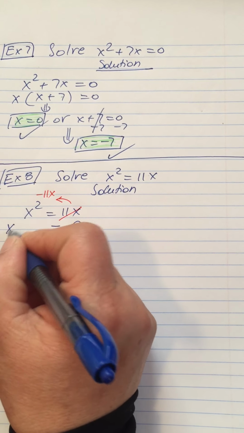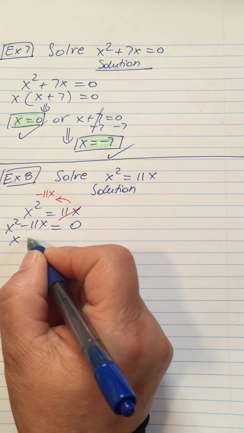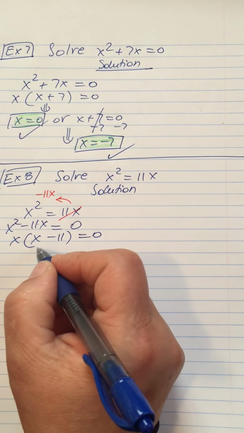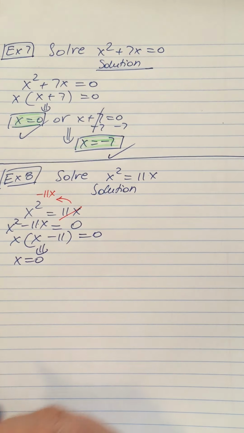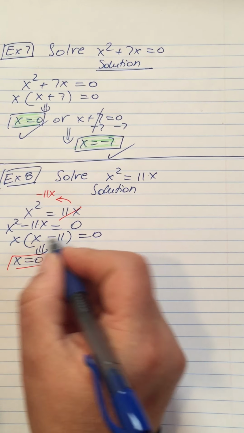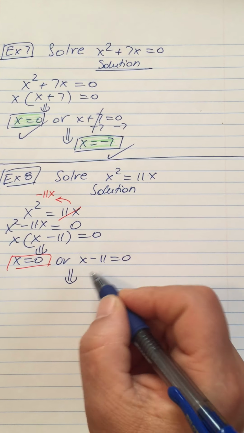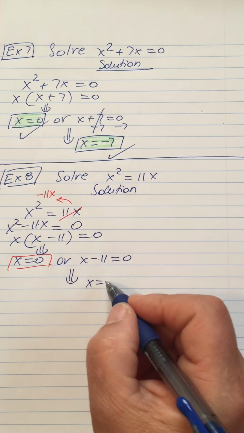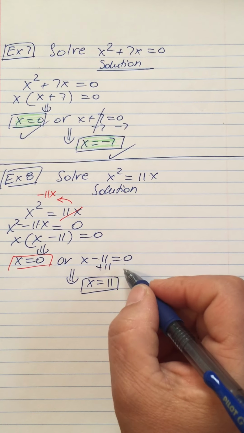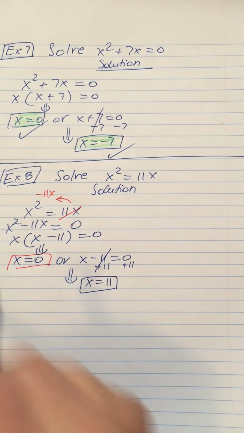And here I have x squared minus 11x. And now I'm factoring x outside. Here is left x, here is left negative 11. I'm setting each factor equal to 0. I have right away one solution, x is equal to 0, or x minus 11 is equal to 0. And now, here I have just to change the sign. It is negative, will go positive. Why? Because I am adding 11 to both sides, or sending that to the other side by changing the sign. So, I have two solutions.